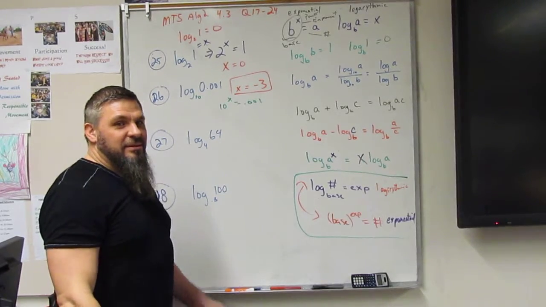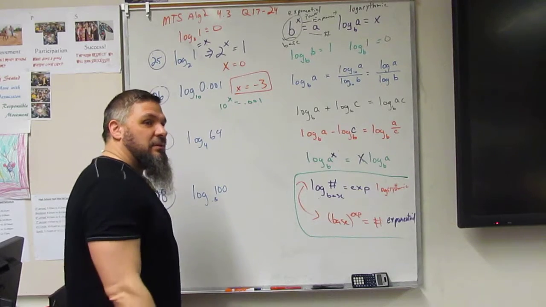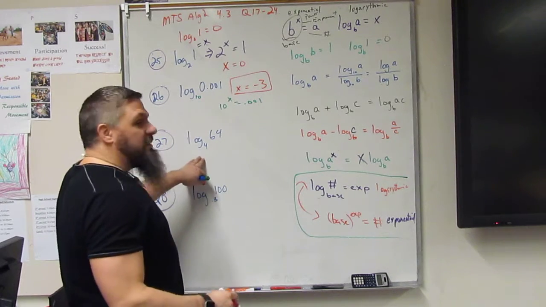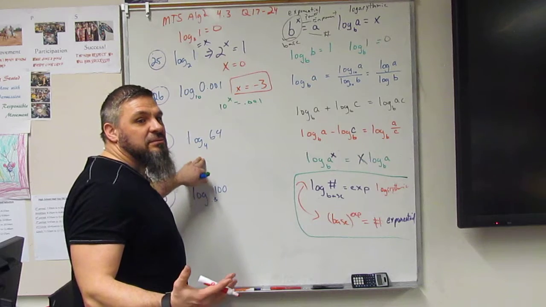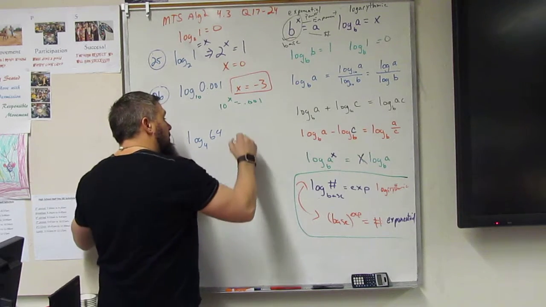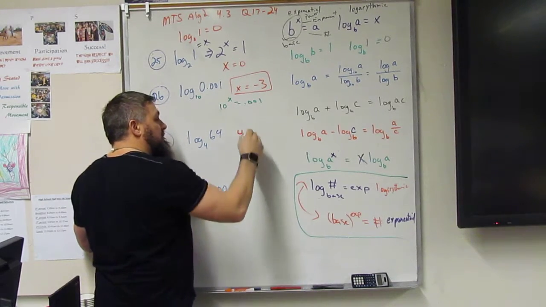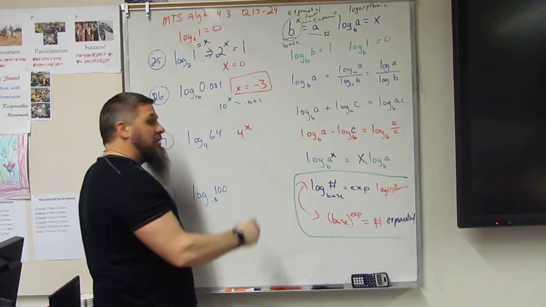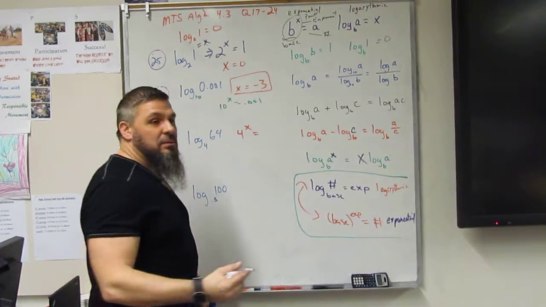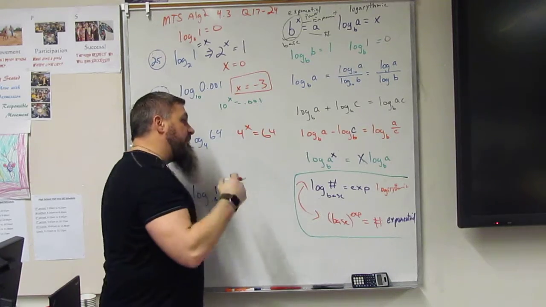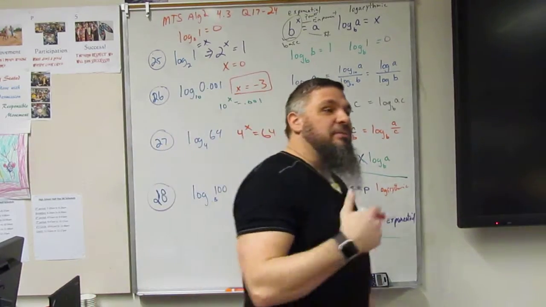Mental math. Yay. Okay? All right, this one, same thing. What's the base? 4. What's the exponent? Unknown. So what's it equal? 64. So 4 times what, times what, times what equals 64.